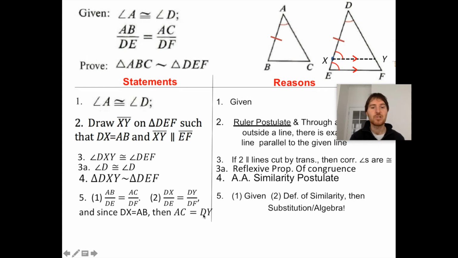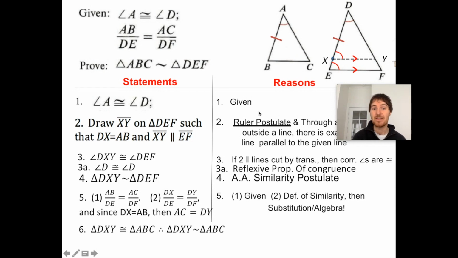So anyways, what I'm justifying here is that AC also equals DY, and that's important because, hey, next step here, we can finally say that triangle DXY, this one we built over here by introducing that auxiliary set, we didn't quite have enough to say that triangle DXY was congruent to triangle ABC, but now we do, right?